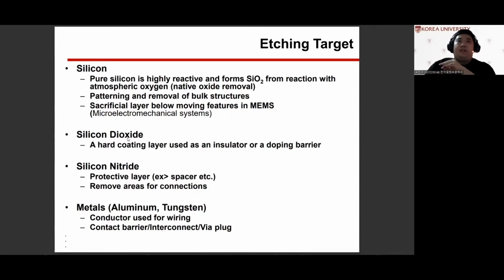The oxide is also etched to remove the oxide layer, such as the native oxide. The silicon nitride can also be etched, and it is used such as for spacers, and metals can also be etched for contacts or metal wires.